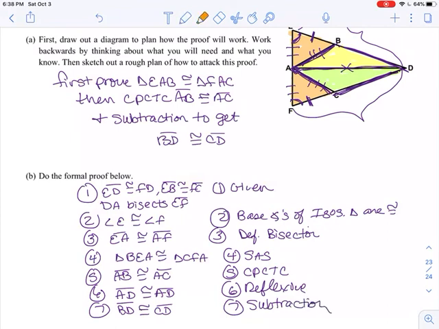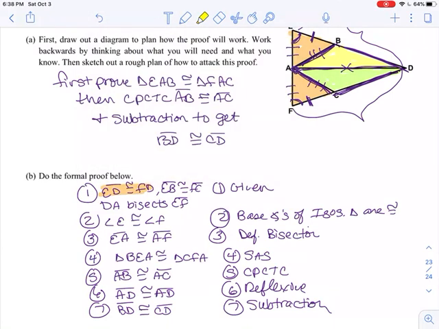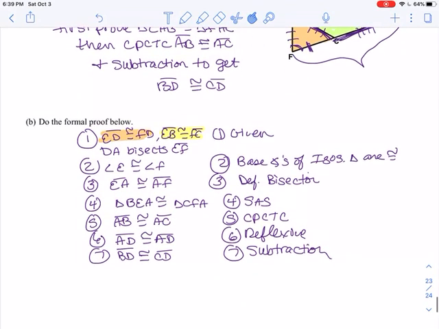Let me just show you what I subtracted. So basically I took ED and FD, and I subtracted out EB and FC, and that leaves me with BD congruent to CD. All right, so let me mark that. So now I know these guys are congruent to these. I'm up to 4. I got a lot congruent going on here.